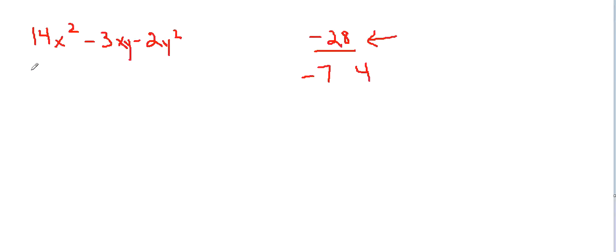So it's going to go like this. 14x squared minus 7, and I'm going to make this xy. That's my middle term, so I got negative 7xy, and then plus 4xy.